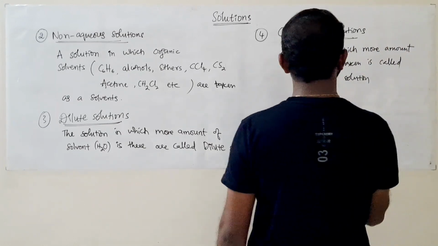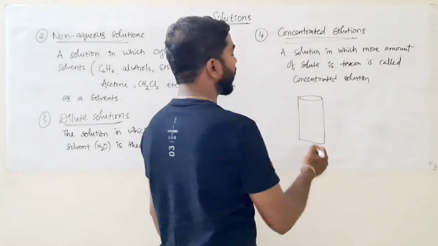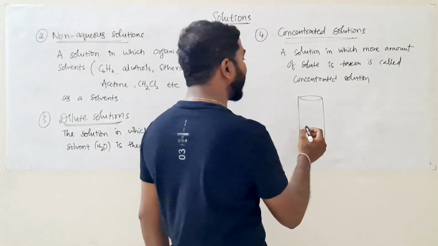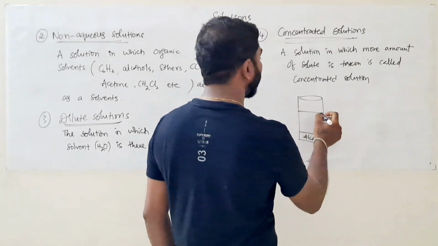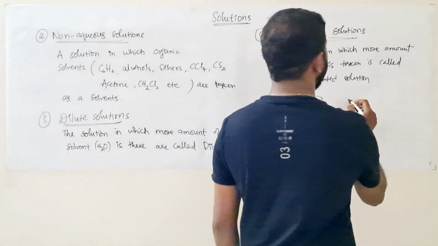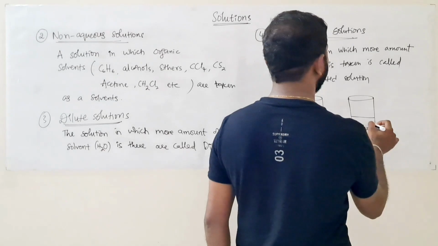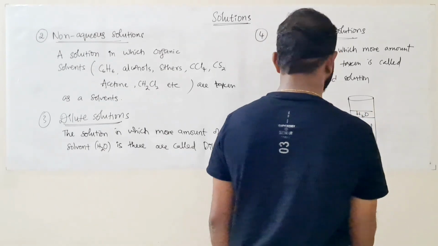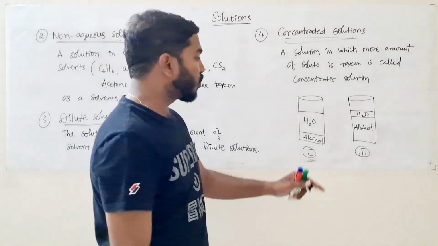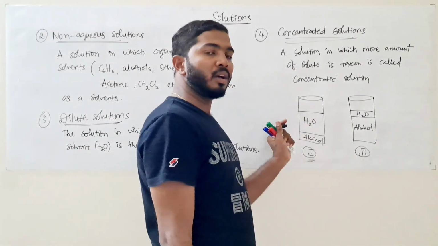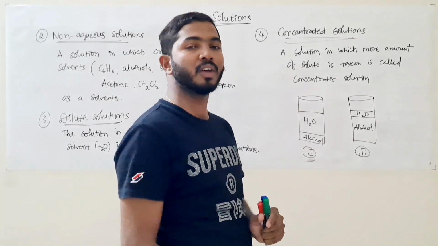Let me give a small diagram to understand this. Suppose in this glass we have taken a little amount of alcohol and more amount of water, and in the second case more amount of alcohol and very little water. Please guess which of these two is a dilute solution and which is a concentrated solution.